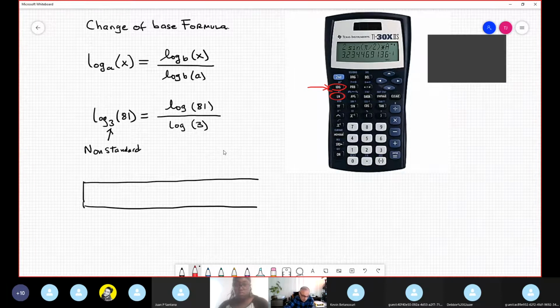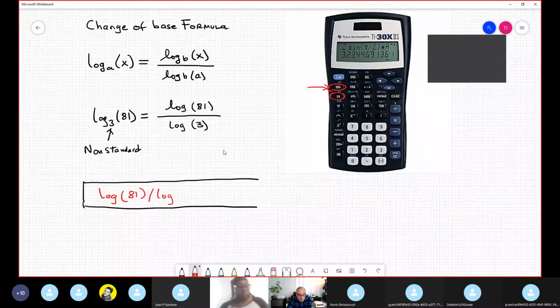Immediately you see log parenthesis, it automatically opens the parenthesis. And you put 81 and close the parenthesis. Divided by, division. And you press again log. And you put 3 and close the parenthesis.